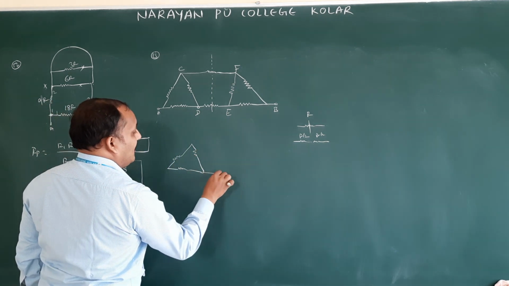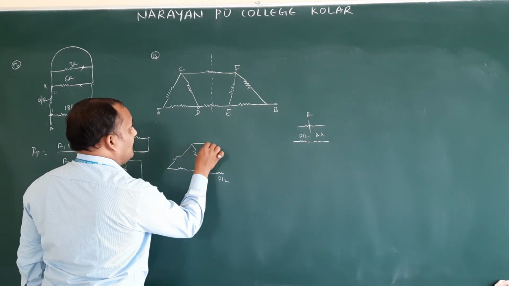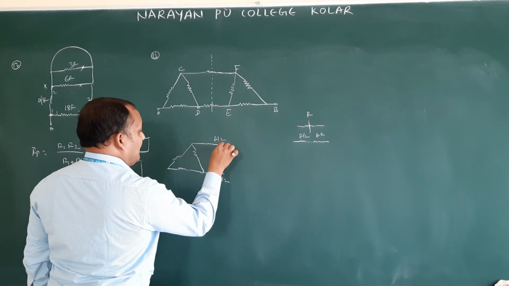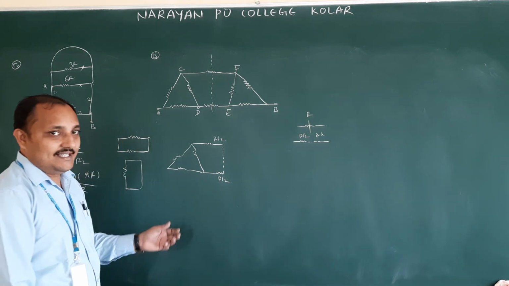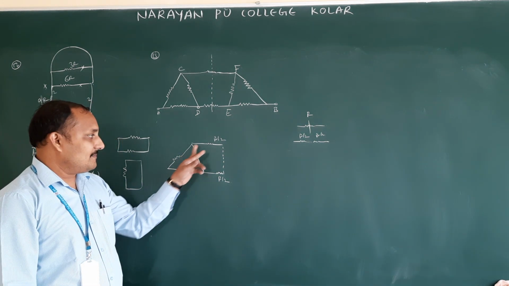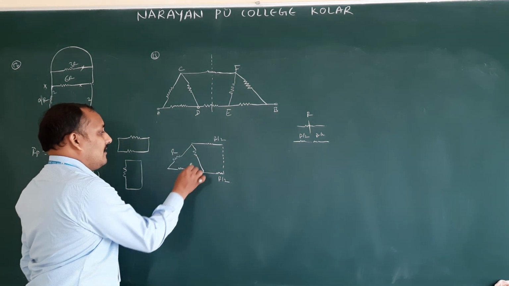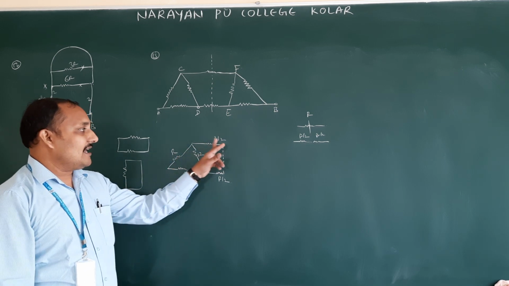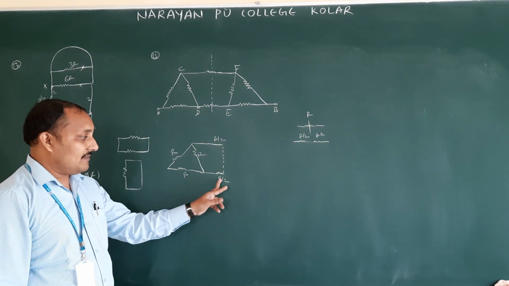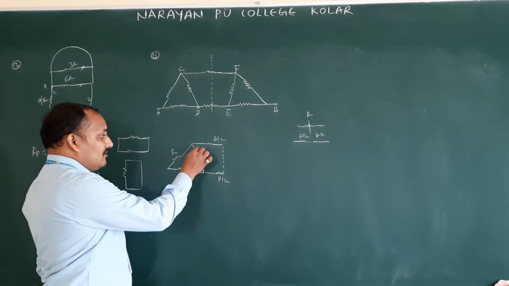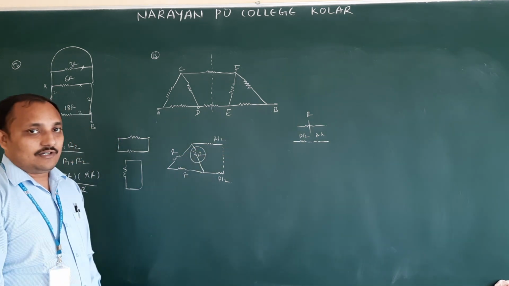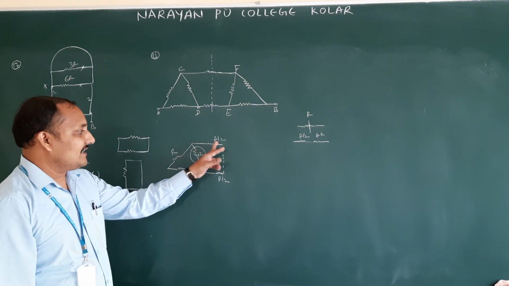This is R by 2, and this is R by 2. We connected it. Now see this one: R by 2 is equal to R by 2, so which one can we remove? We can remove this one. Then these two are connected in series.